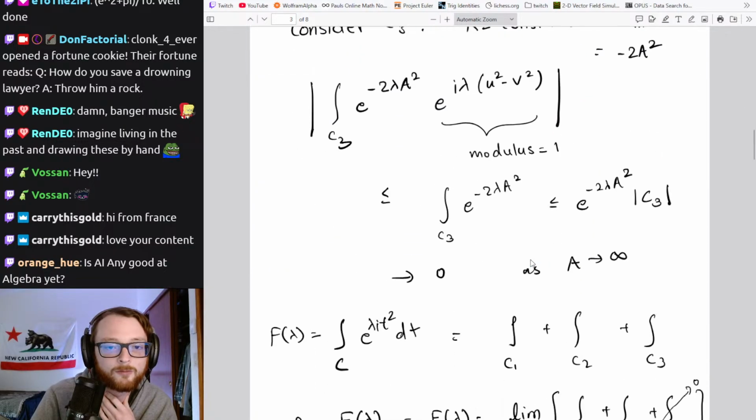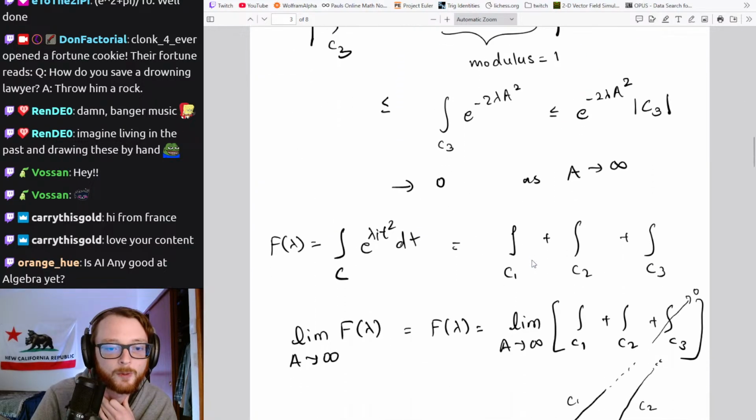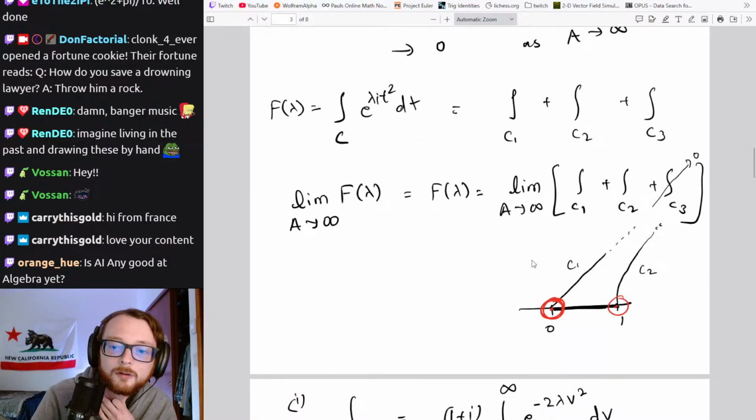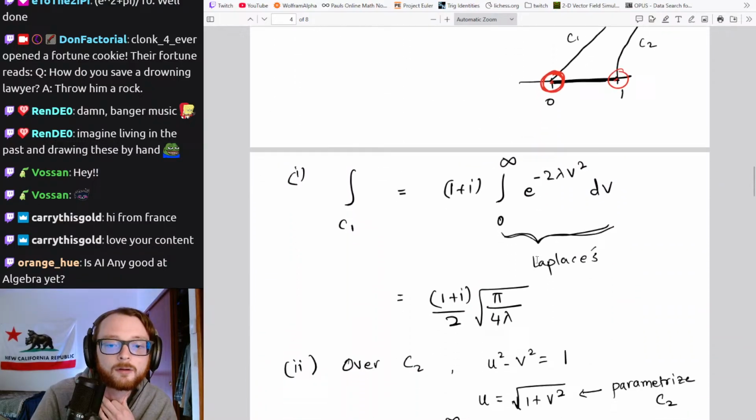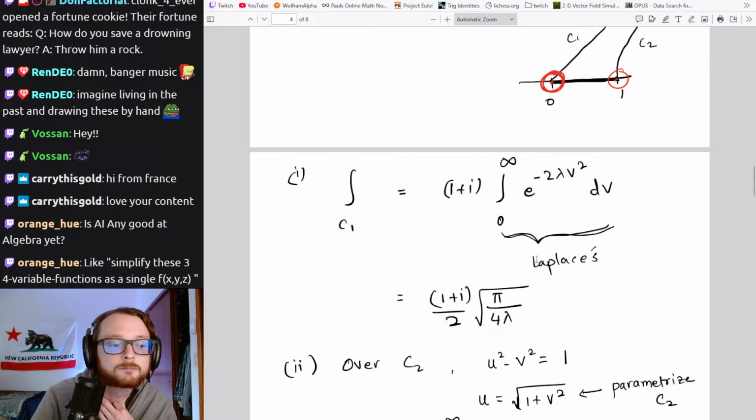Okay, so I think we've dealt with the two bridges going to 0.